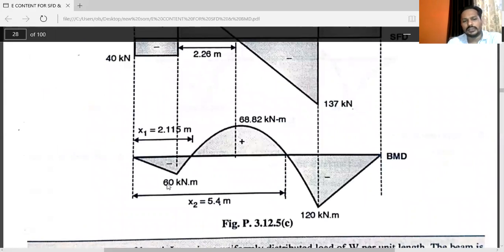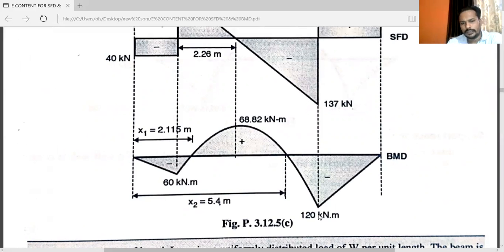At point A it is minus 60, at point B it is minus 120 kilonewton meter.